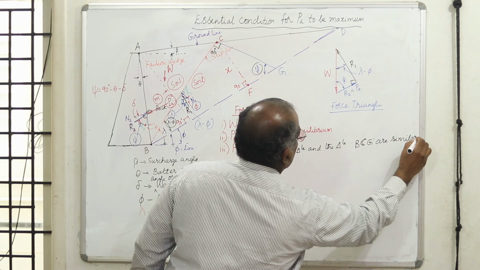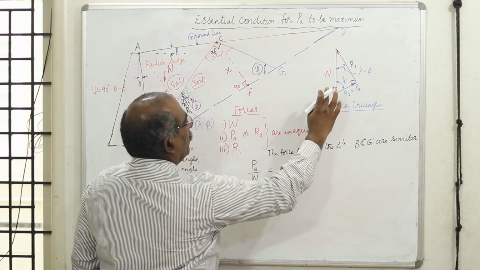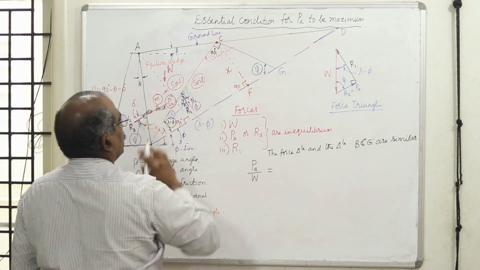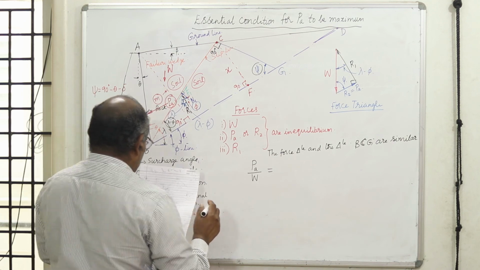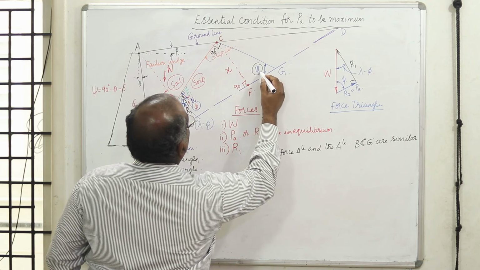From these similar triangles, what I can do is take the ratio of PA by W. Now PA, the equivalent side, is equivalent to CG, that is between the psi and the 90 degrees.